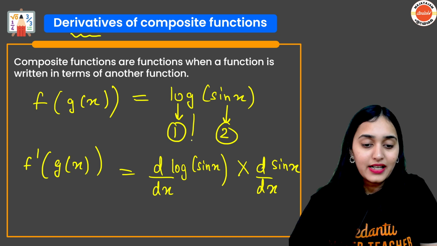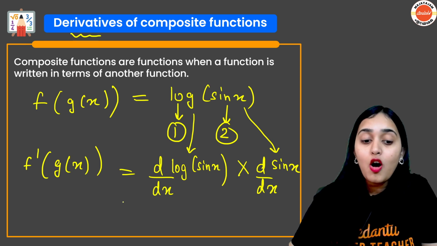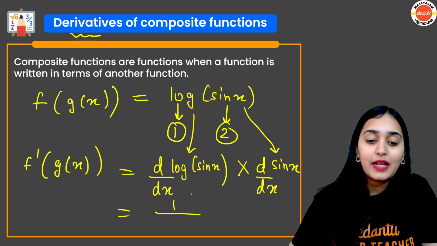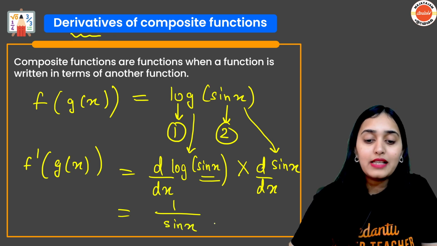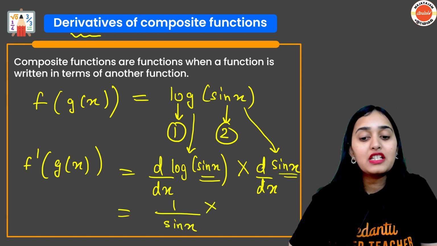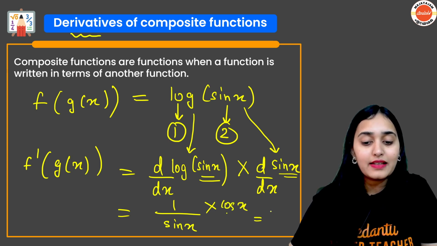So first I will differentiate log, then I will differentiate the inside function. Now what is the differentiation of log? Log differentiation is 1 upon x. Now what is inside the bracket? Sin x. So 1 upon sin x into, what is the differentiation of sin x? Cos x. So my answer is cos x upon sin x is equal to cot x.